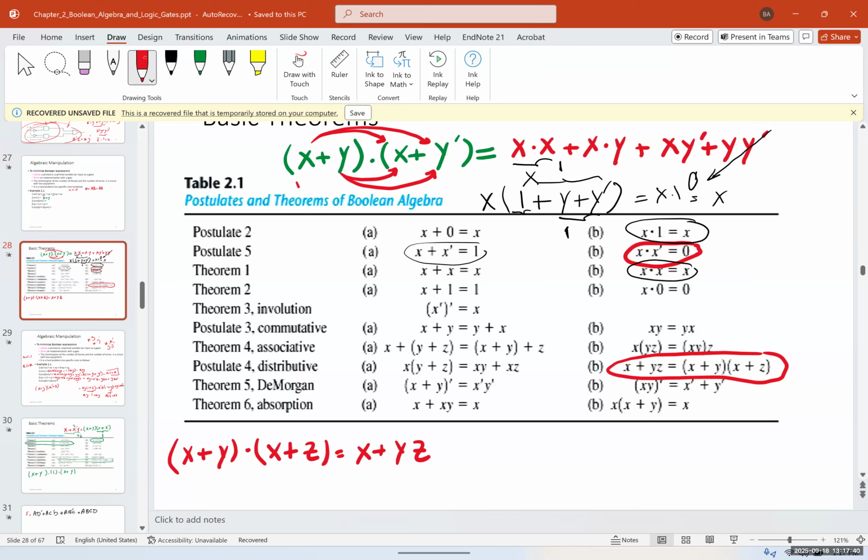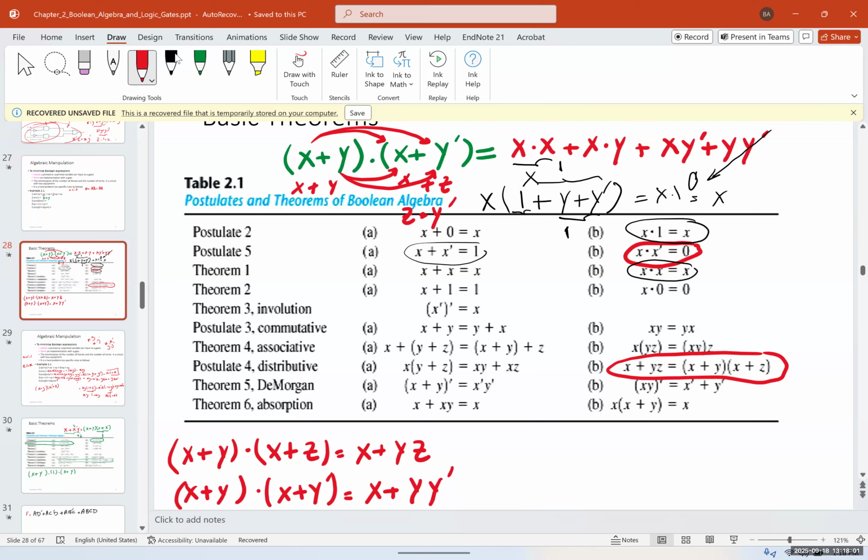Okay. This is our x plus y. This is x plus z. Yes. So z is our y prime. So therefore, x plus y and with x plus y prime is equal to x plus y prime.